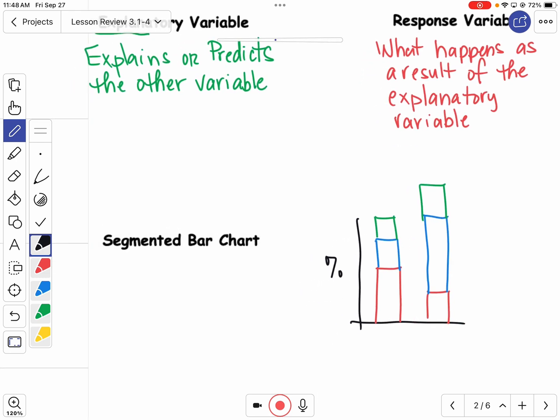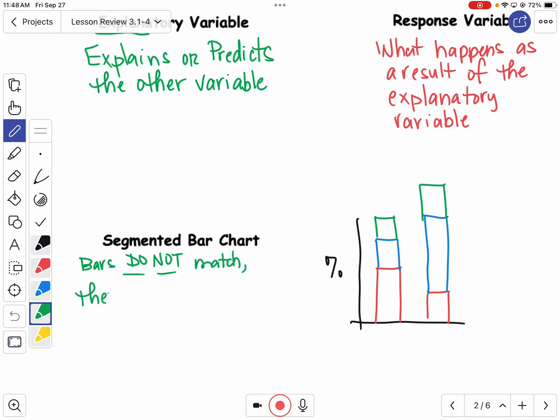Okay, and here's the thing we need to know about it. We're always looking, is there an association? And here's the answer to that: if the bars do not match, there is an association.